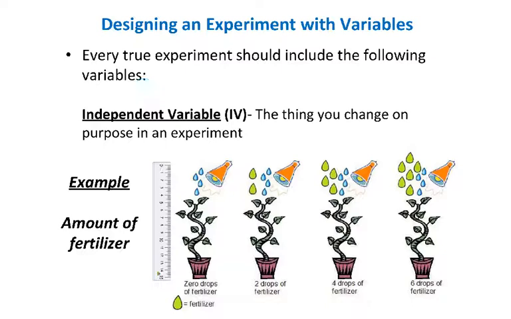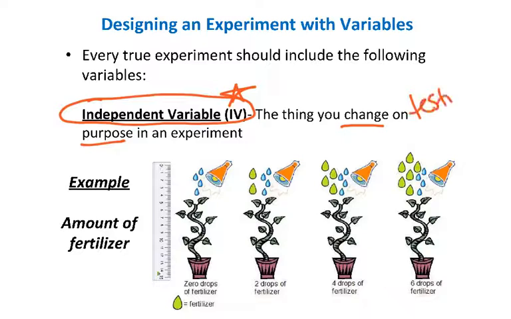One variable that every good experiment should include is the independent variable. And that's a really big word, so sometimes we just call it the IV. The IV is the thing that you change on purpose in an experiment. It's the thing that you're testing, the thing that you are testing.